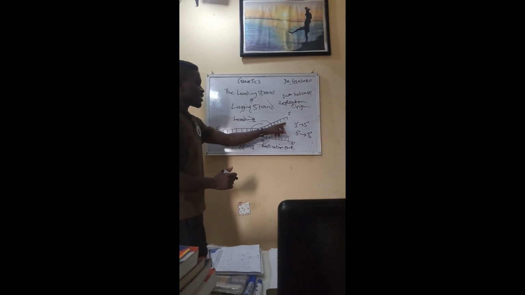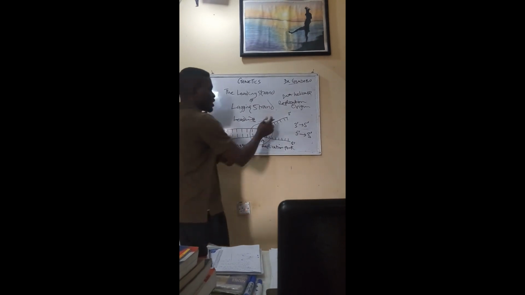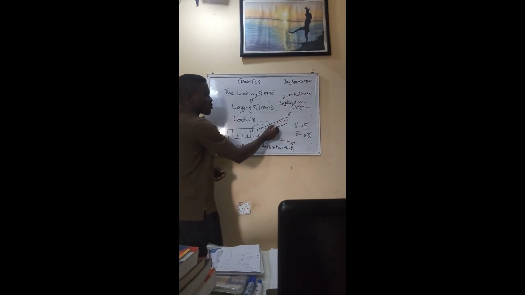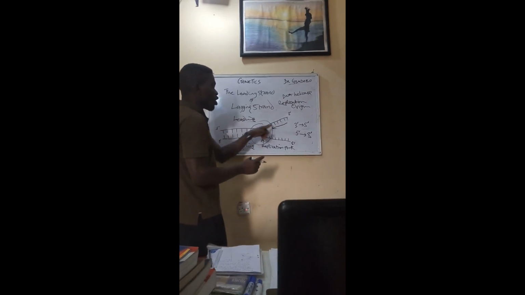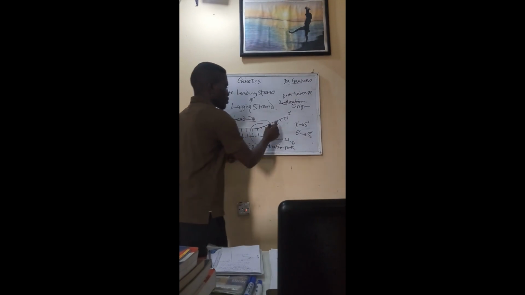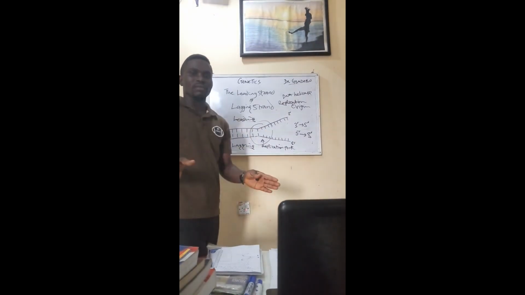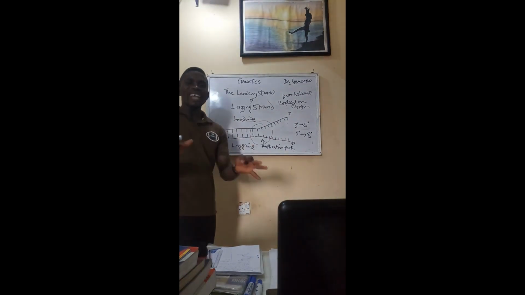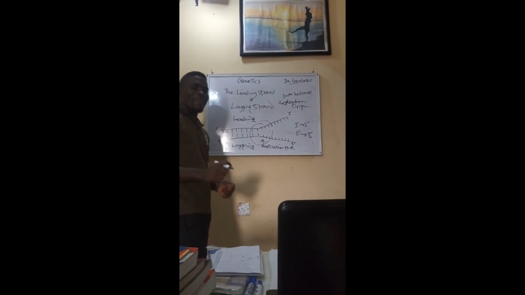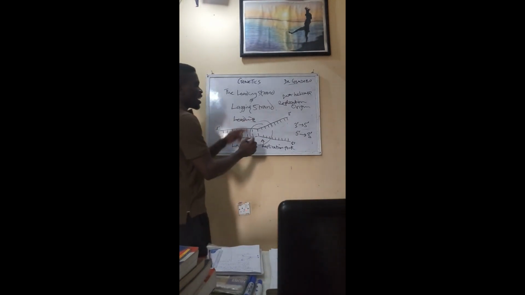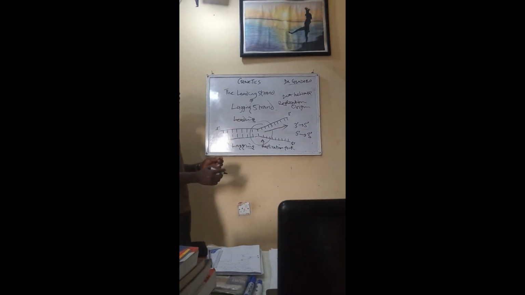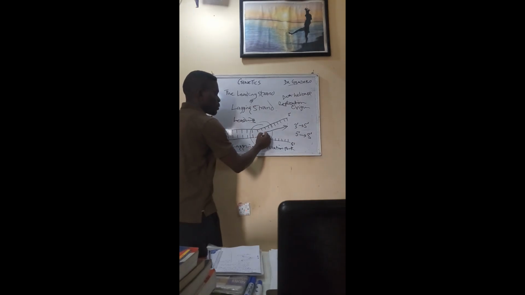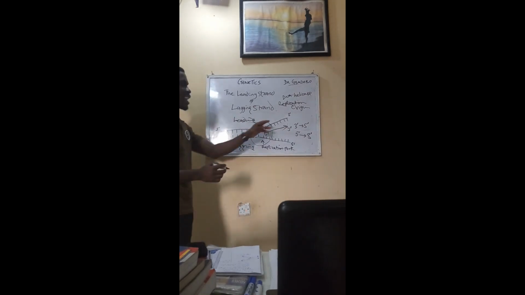Synthesis by DNA polymerase 3 will be taking place on this strand in this direction, from 5 prime to 3 prime.